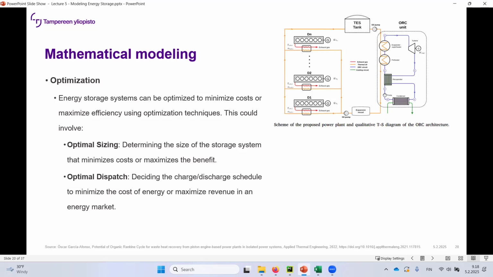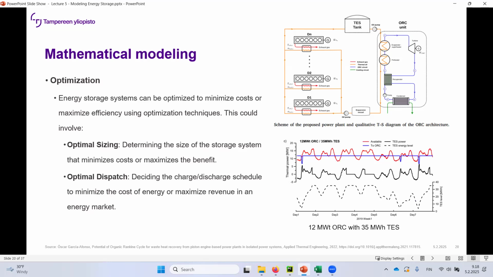That was an example on this Journal of Applied Thermal Engineering about this engine. So these are diesel generators, and they provide thermal energy for this organic Rankine cycle in here. And the idea was to dimension, so this is optimal sizing. How big of a thermal energy storage would you have to have in order to stabilize the heat going to this ORC?